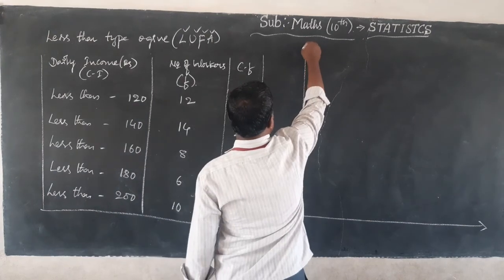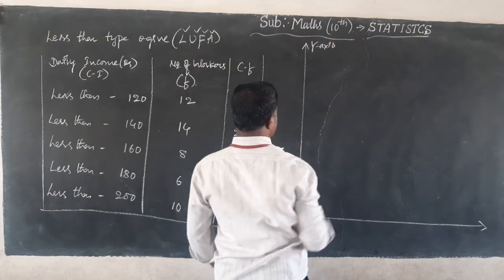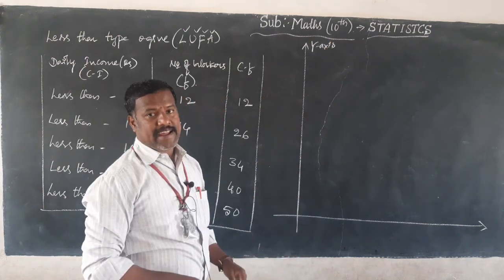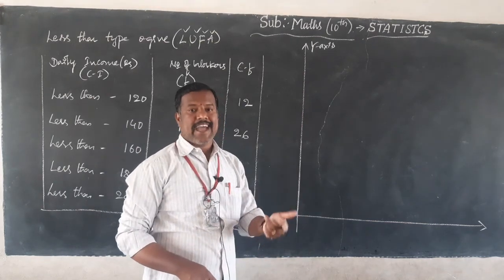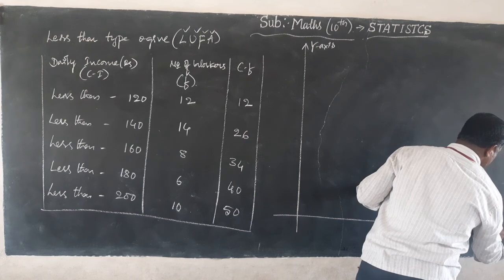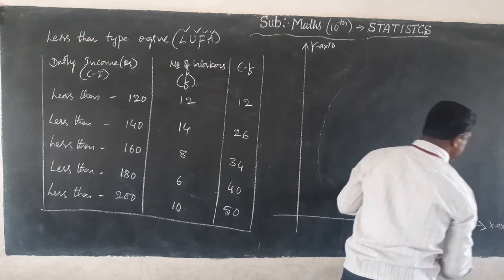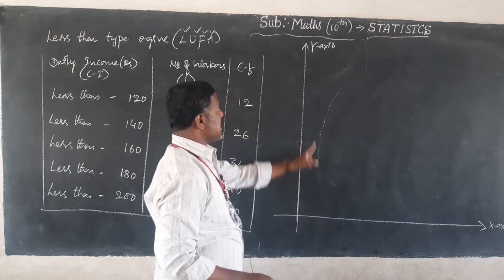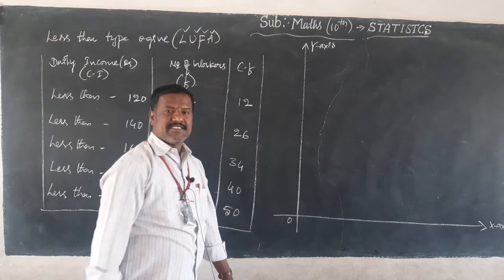The vertical line we call the y-axis, and the horizontal line we call the x-axis. These two lines intersect at the point 0.